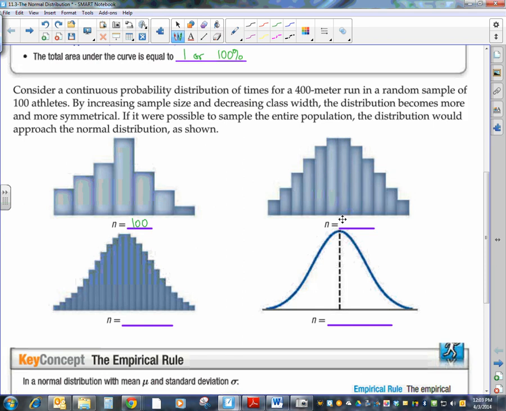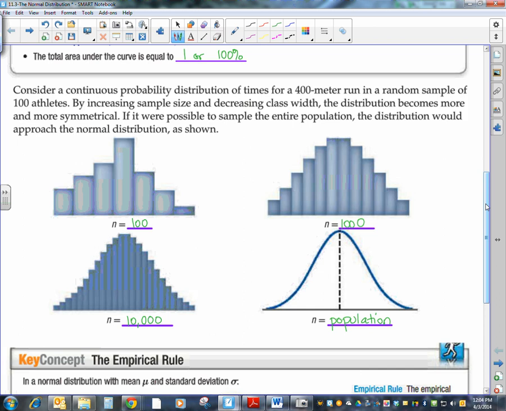And if I widened my sample to 1,000 athletes and made my bandwidth smaller, then you can see that the curve looks even more symmetrical. If I widened it yet again, and if I continue to widen it for our total population, this is where we get that curve that we refer to as the bell curve, the normal distribution.